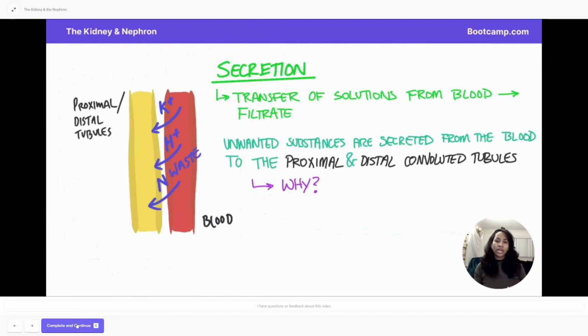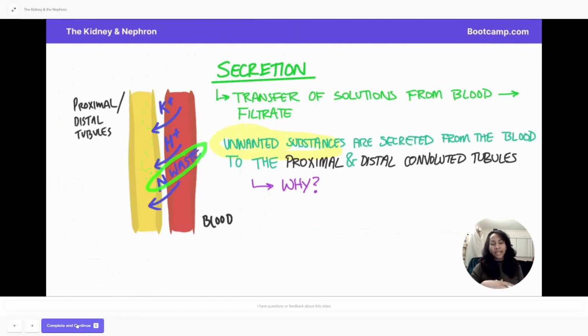So what kinds of substances would we actually want to put into our waste? Well, these are going to be unwanted substances. So anything that's in the blood that we actually do not want to keep in the body, those substances will be secreted into the nephron of the kidney so they can be taken away outside of the body. So for example, potassium ions, hydrogen ions, this is going to be anything that's kind of acidic, as well as nitrogen waste.